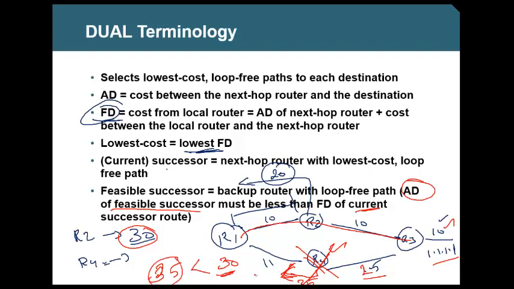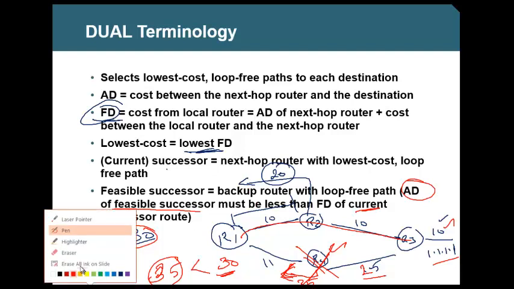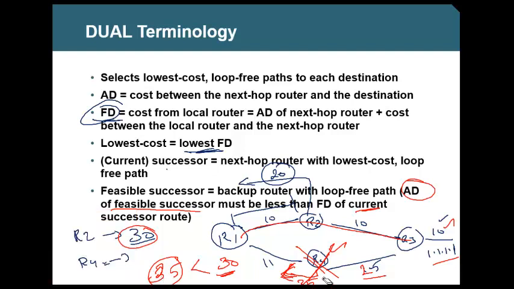But unfortunately here, even though there is no loop, the advertised distance is greater, so it cannot be used. The DUAL algorithm will not use a backup path if its advertised distance is greater than the successor value. The reason is to avoid loops; that condition is kept.